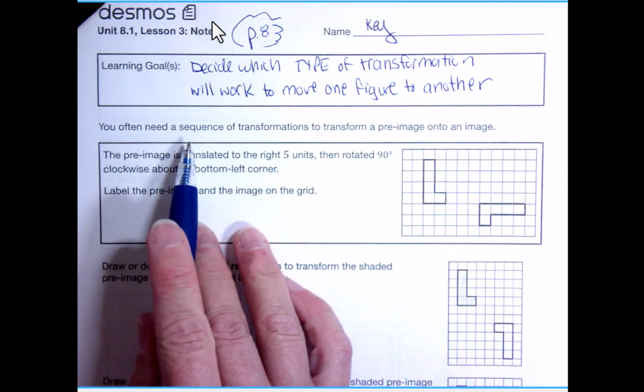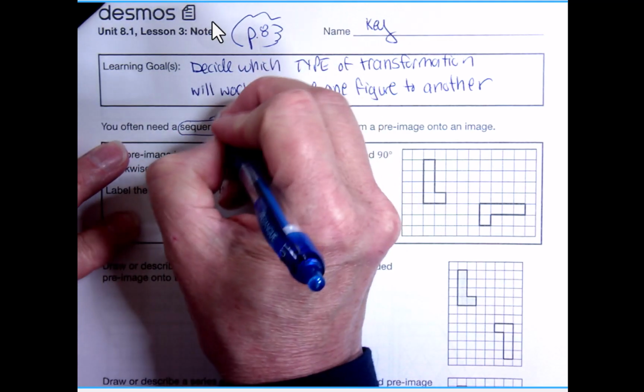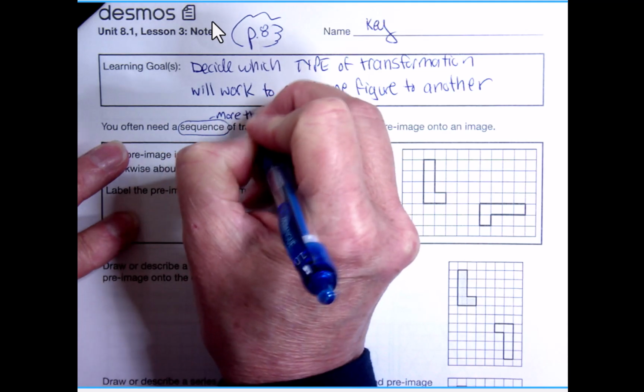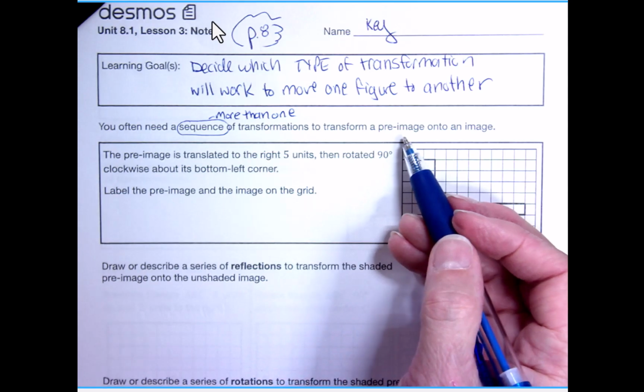Sometimes you need a sequence of transformations. That just means sometimes you need more than one to transform a pre-image onto an image.